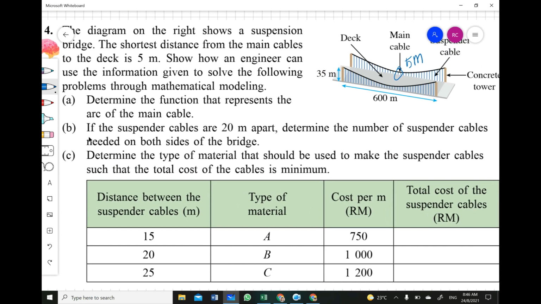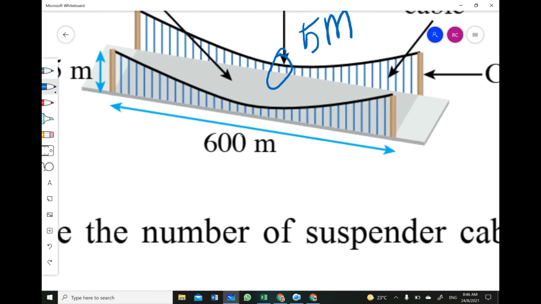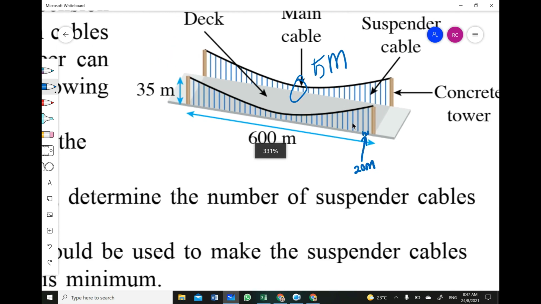Okay, so for B, if the suspender cables are 20 meters apart, means this suspender cable here, the length here, 20 meters apart. Each of this distance of the suspender cable is 20 meters apart. So what do they want? Let's see.